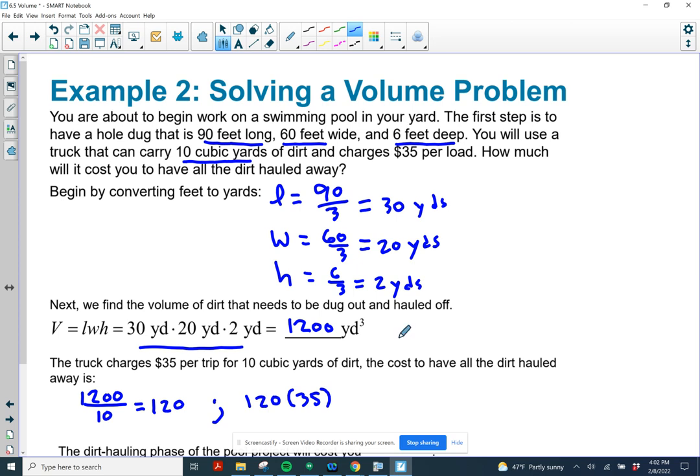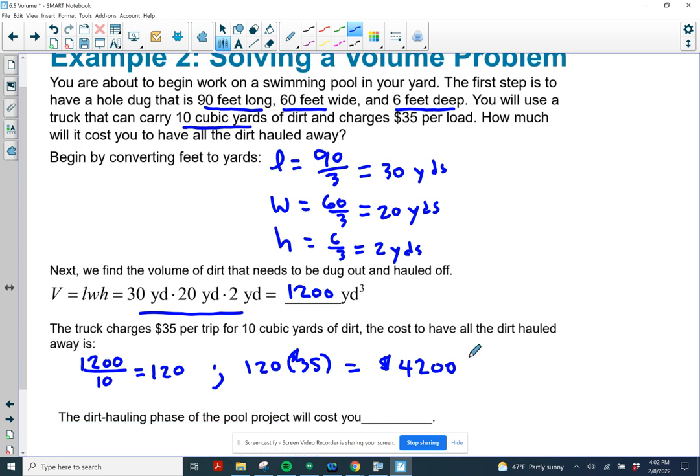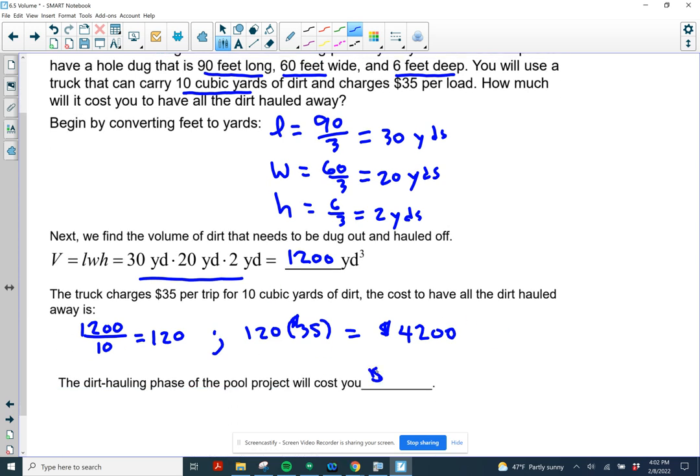And it will tell us that we owe our person $4,200 to haul off that dirt. All right, so we'll fill in the blank here. It would cost $4,200 to have our dirt hauled away. Okay.